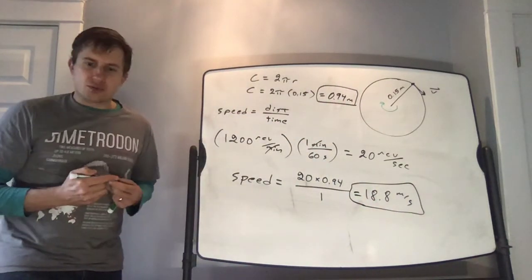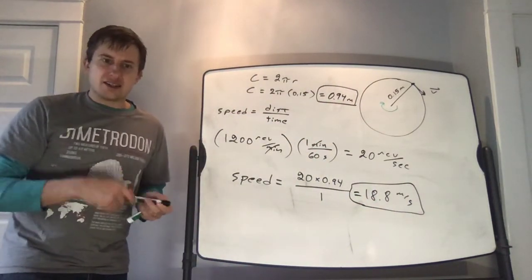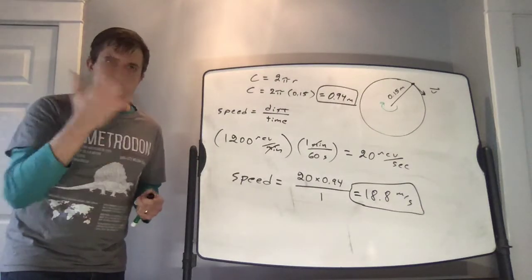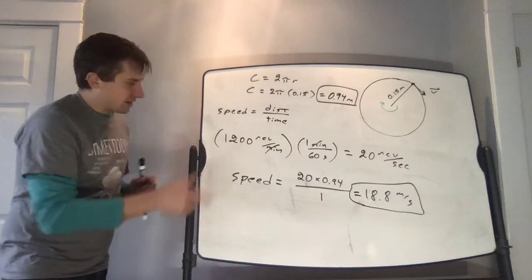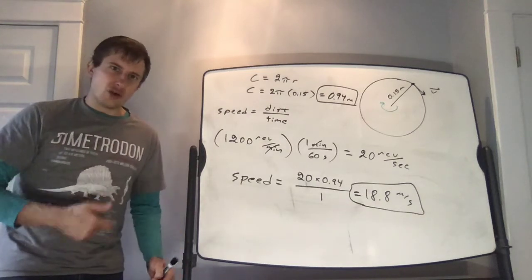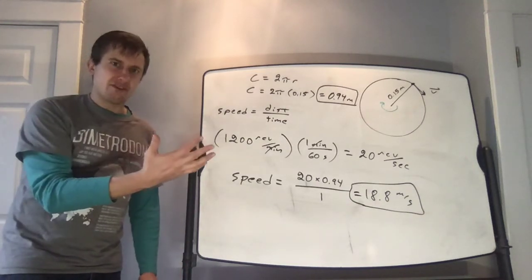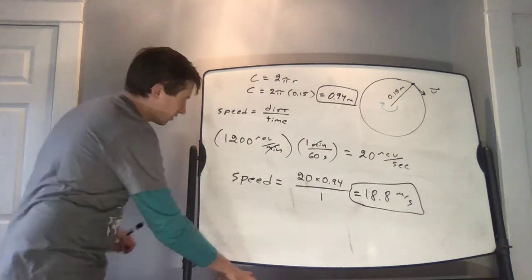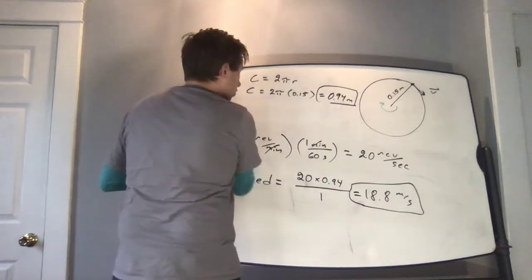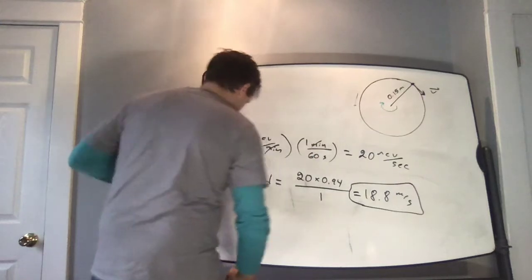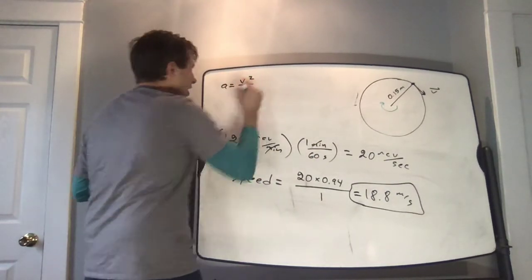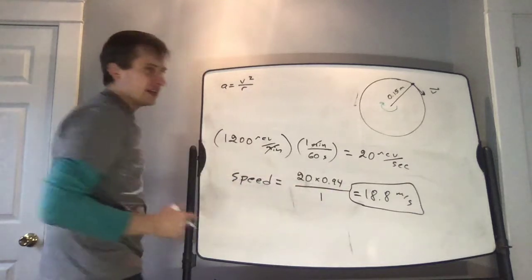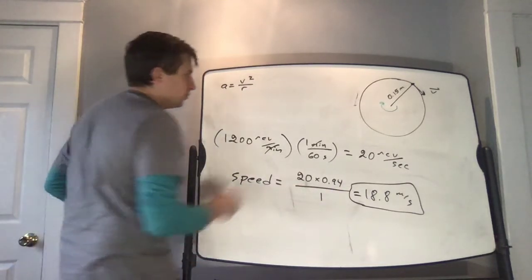In part C of this problem, we are asked to find the acceleration of the tip of the fan blade. Now again, the fan is spinning at a constant rate, so we could just use v squared over r. That will be our rate of acceleration. So I could do that by writing a equals v squared over r. Now we found the speed at which the tip of the fan blade is moving.